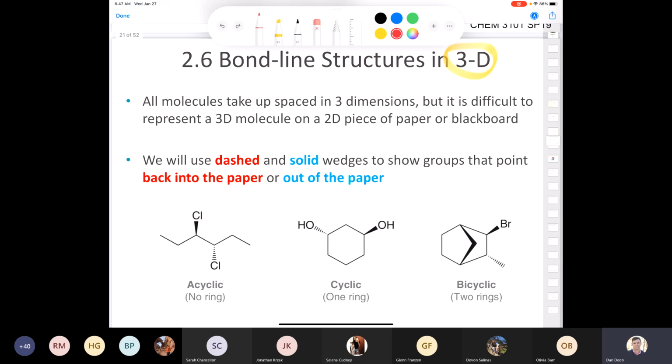This bond to chlorine here is what we call a wedge, and it's coming out of the page, right towards us. You see these dashed ones here? This is called a dash, and this is going into the page.